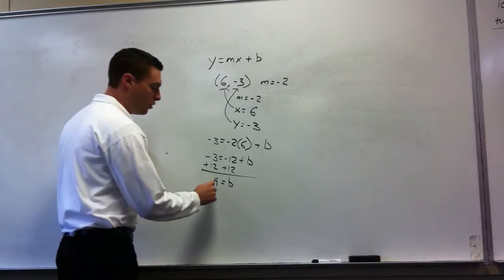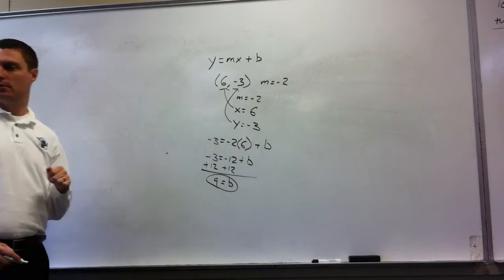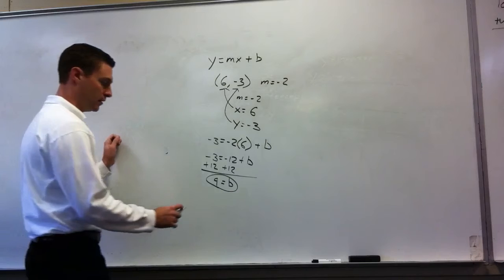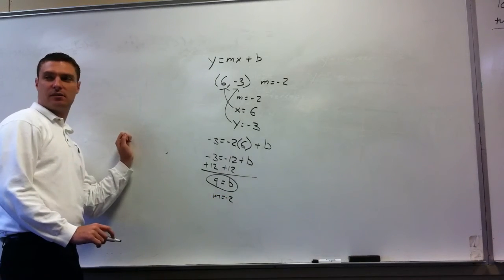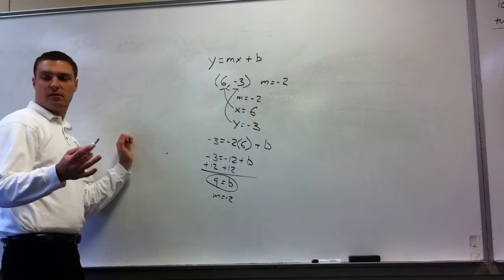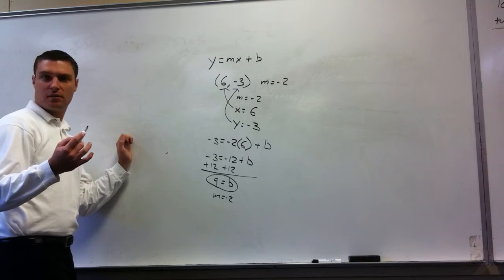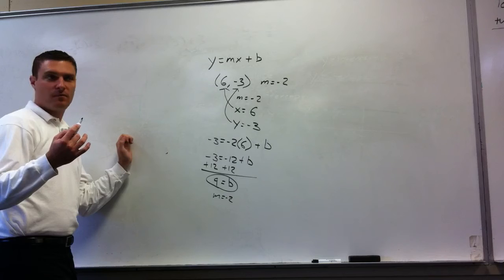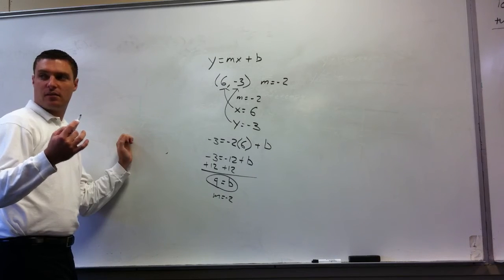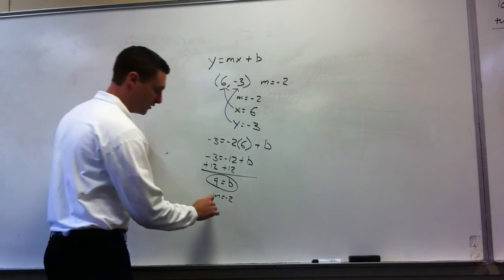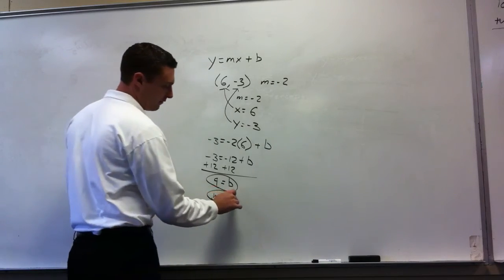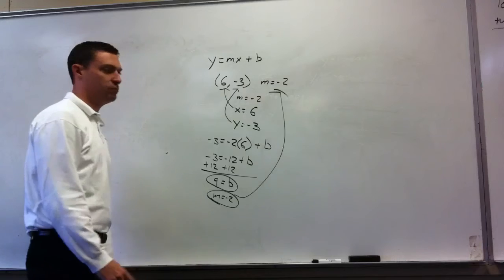So now I know b. Do I know m? Yes. What is m? -2. How do I know that? Because it says right there. They gave it to me in the original problem. They say the slope equals this. So just so we know where that came from, we can draw up and say, I pulled it from there.